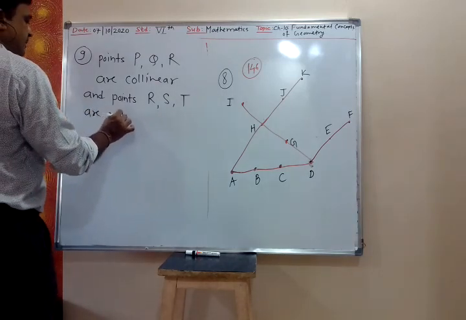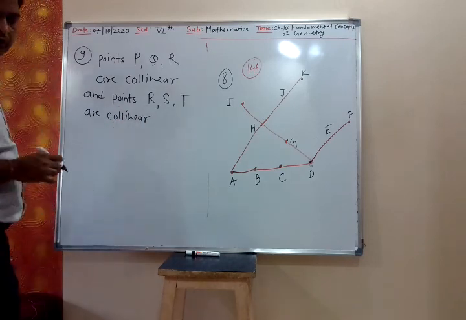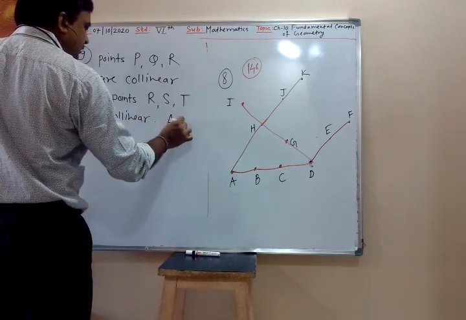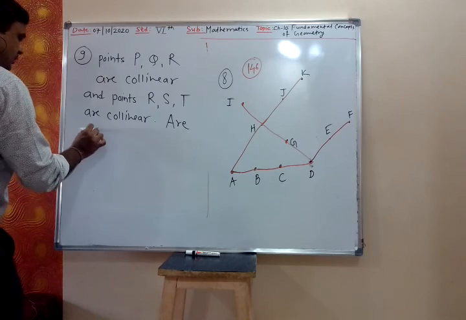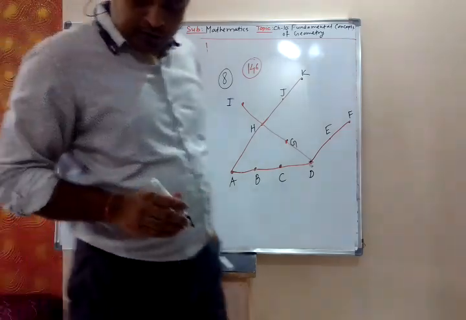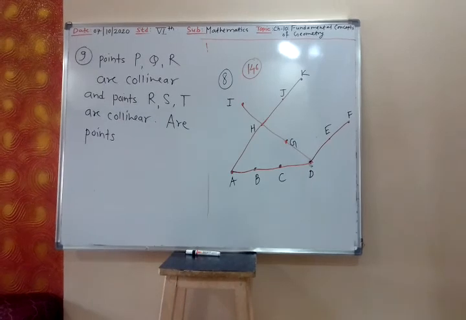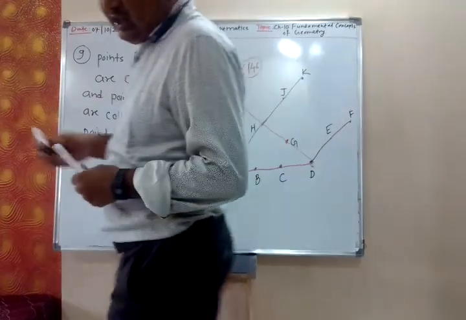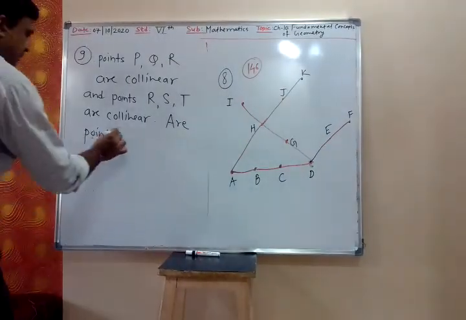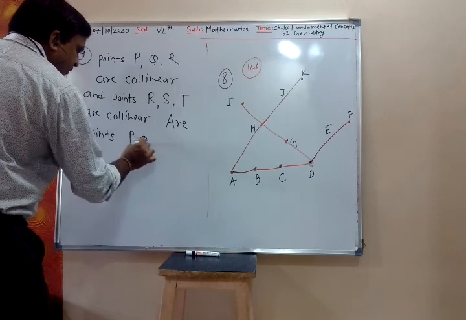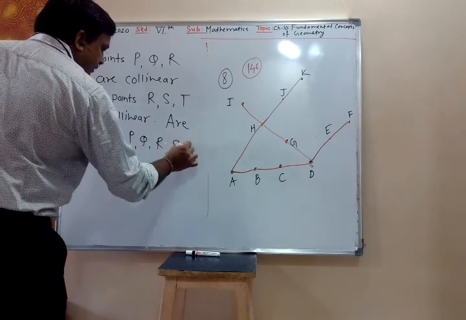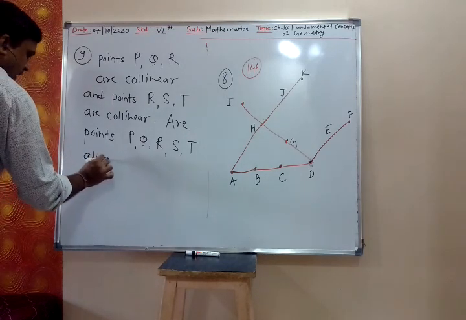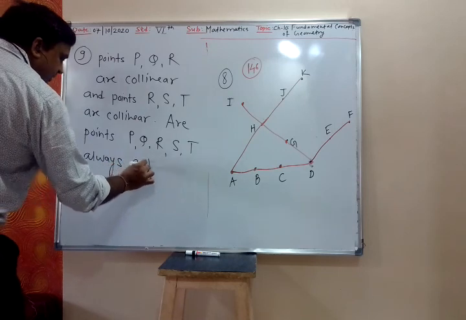Are points P, Q, R, S, T always collinear?